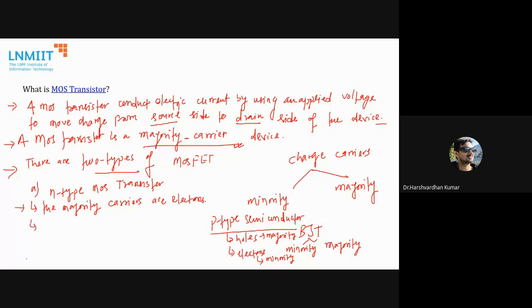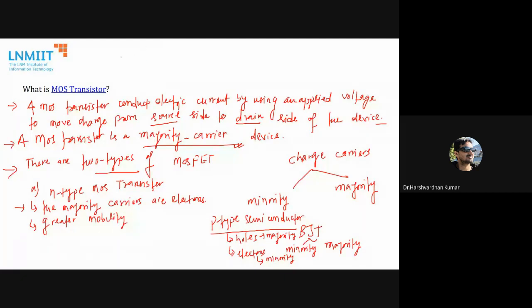Good. What was the second point? Okay, so have you heard about the mobility term, whenever you have studied semiconductors? Say yes or no, so that I can explain. Yes, sir. So electrons have the higher mobility, or greater mobility. What do you mean by mobility?